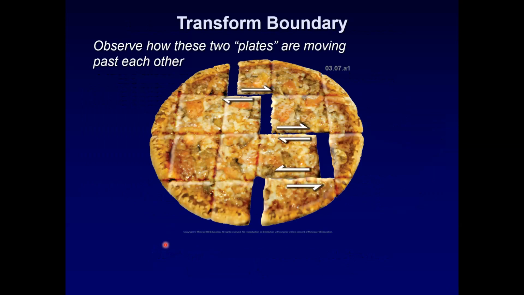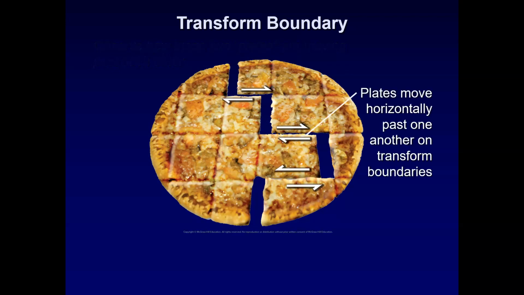To better understand transform boundaries and how they're related to divergence, we can look at a pizza that is cut in this manner, tavern style or whatever you like to call it. Okay, so this is one plate, one tectonic plate, and this is another one, and they are diverging.